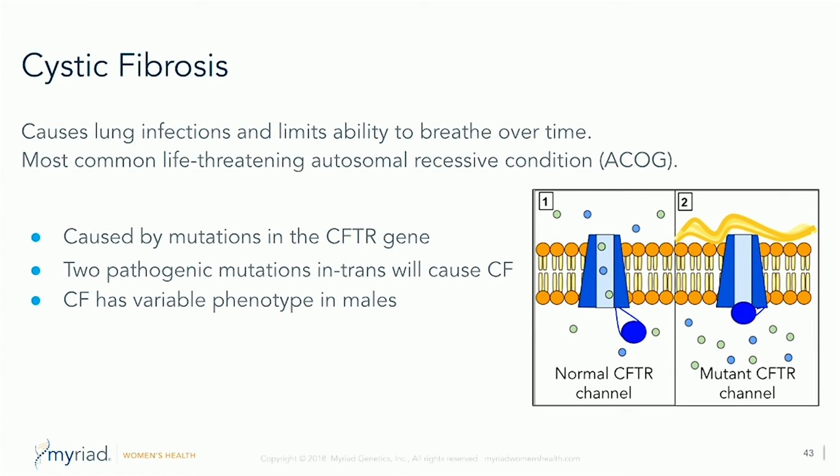If there's a pathogenic mutation on both chromosomes, this will cause cystic fibrosis. It does this by reducing the flow of these ions, and as a result, a thick mucus tends to form on the surface of the cells. This causes lung infections and limits the ability to breathe over time.